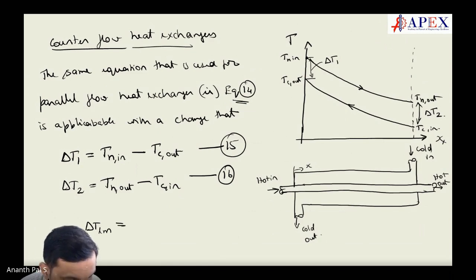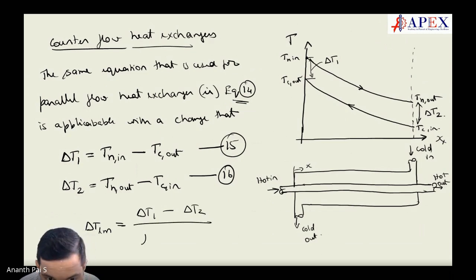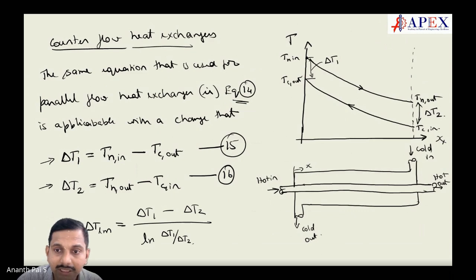Log mean would be delta T1 minus delta T2 divided by log of delta T1 divided by delta T2. But the definition of delta T1 and delta T2 is: in case of delta T1, it is T hot in minus T cold out.